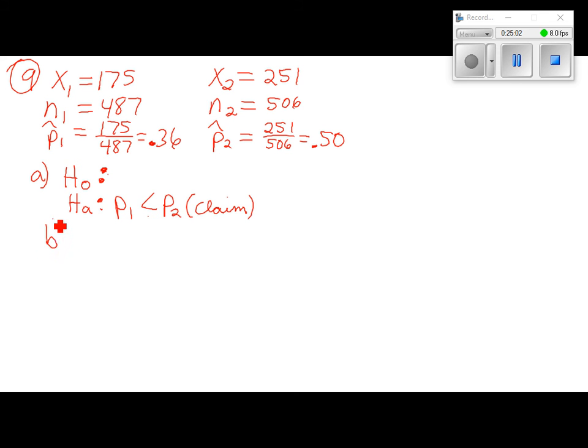Part B, this time we use the Z chart, the normal distribution chart. Our alpha is 0.05, and I keep forgetting, we look back up here, we have to decide up here, the opposite sign of that would be that sign, so that tells us it's left-tailed.